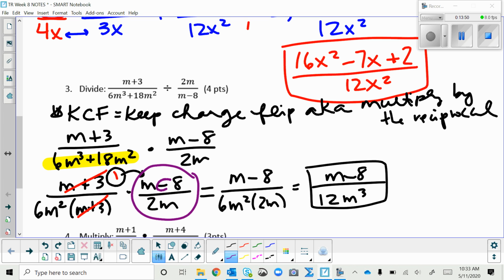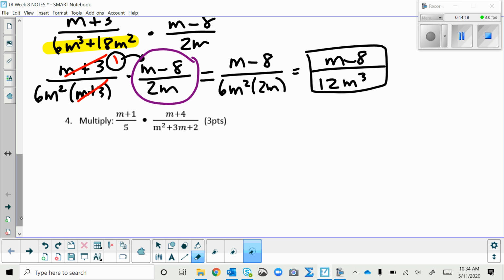Because of this minus right here. The only time you cancel stuff is when it's factors. And factors are things that are being multiplied. That m and 8 are not being multiplied together. They're being subtracted. So they are not available for canceling out. You have to just leave it as a group, the m minus 8 together. So no factoring there. Okay.